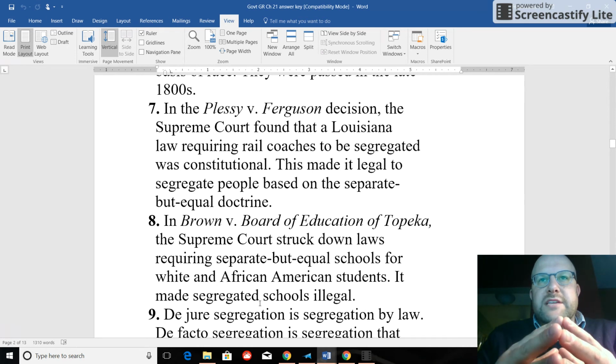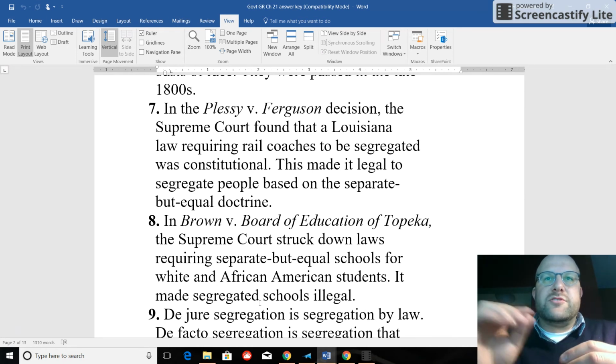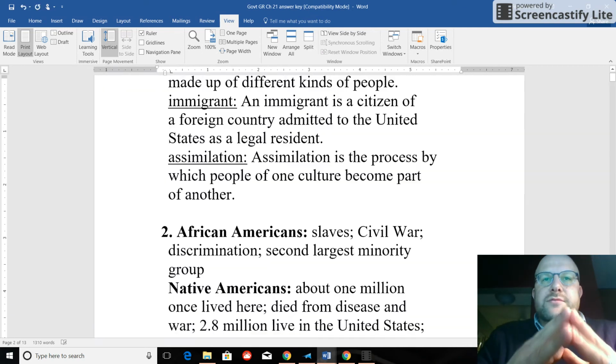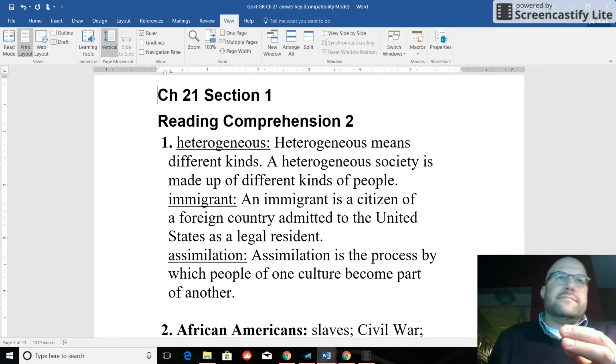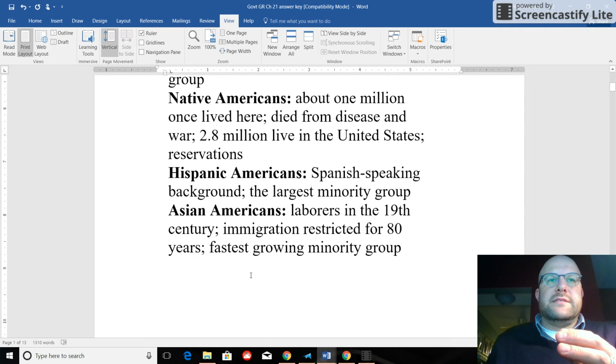Brown versus Board of Education of Topeka: the Supreme Court struck down laws requiring separate but equal schools for white and African American students. It made segregated schools illegal. Oops, I hit a button there, I apologize.